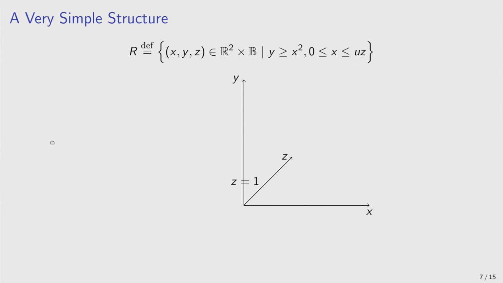Okay, so here's how we can do this. In particular, we're going to study sets of this form R, where we have z, a binary variable that's indicated by the b there. So the notation b stands for binary variable. We have two continuous variables, x and y.